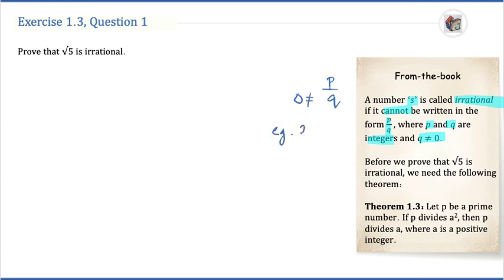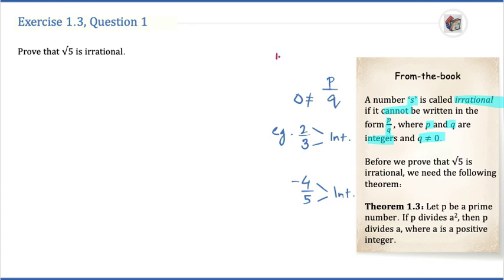For example, 2 by 3 is a rational number, or minus 4 by 5 is a rational number. Here you would notice that p and q are definitely both integers. 2 and 3, minus 4 and 5 are integers, and your denominator is not 0.